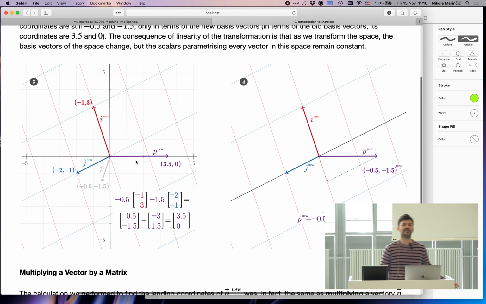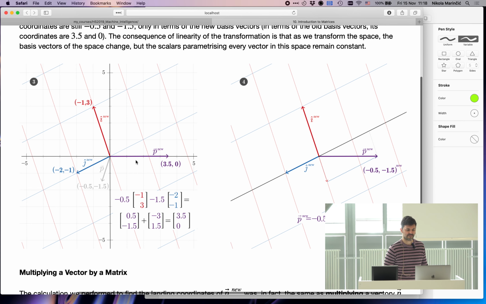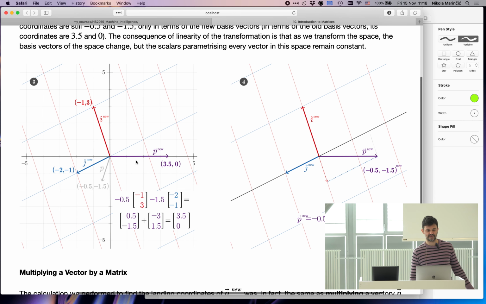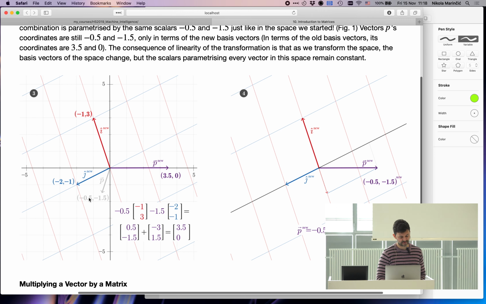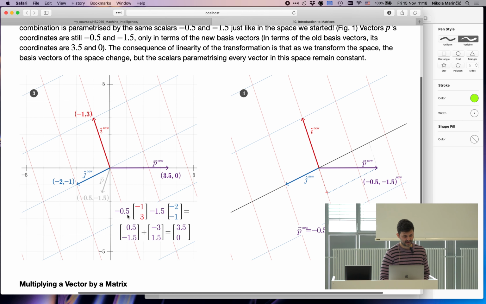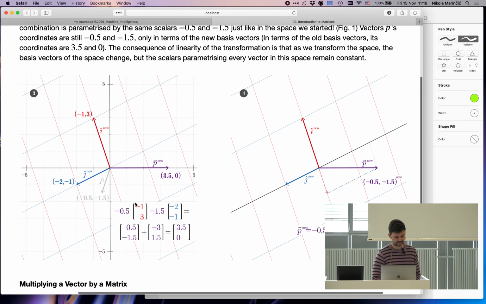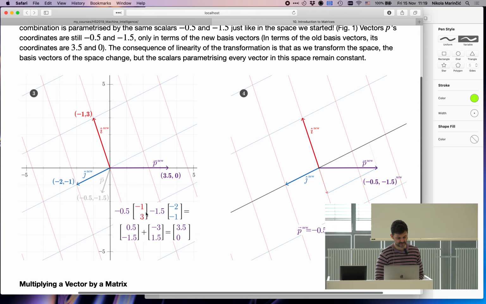And I want to show you how I found where the P would land in the new space. So bear with me. What I did is I took the old coordinates of P, so -0.5 and -1.5, and I multiplied the first coordinate, -0.5, times the first vector, and -1.5 by the second vector.